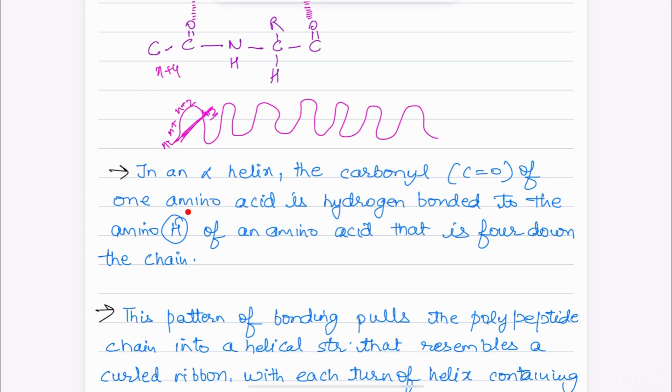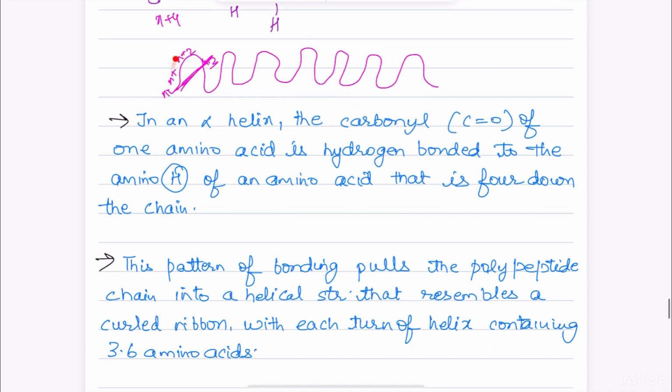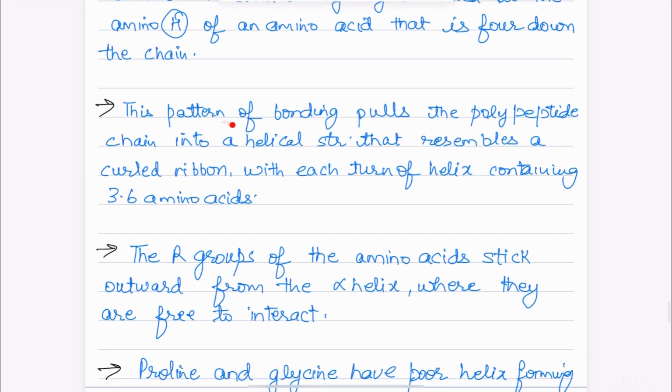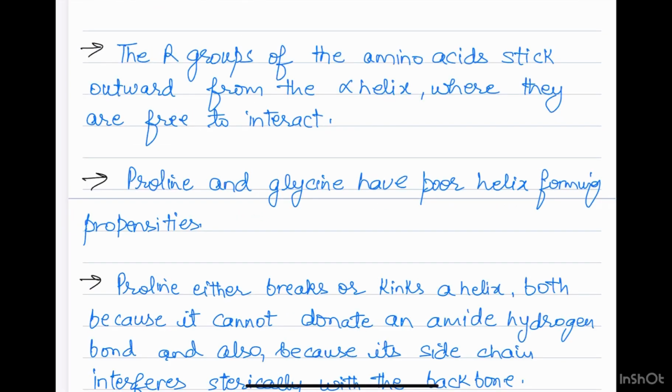The carbonyl oxygen of one amino acid is hydrogen bonded to the amino hydrogen of an amino acid that is 4 down the chain. And that's how this pattern of helical structure is formed. This pattern of bonding pulls the polypeptide chain into a helical structure that resembles a curled ribbon, and each turn of the helix contains approximately 3 to 4 amino acids, which comes to 3.6 amino acids.